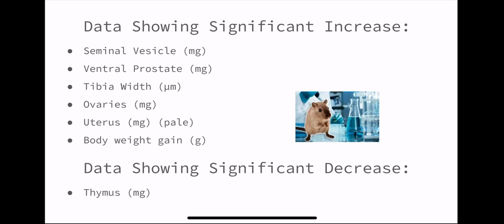Our significance tests and the data showed a significant increase in the mass of the seminal vesicle, mass of the prostate, the tibia width, mass of the ovaries, mass of the uterus, which was also identified as pale in the data, as well as body weight gain, while the mass of the thymus showed significant decrease.